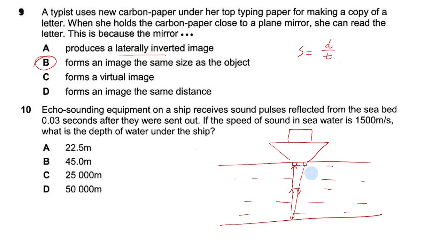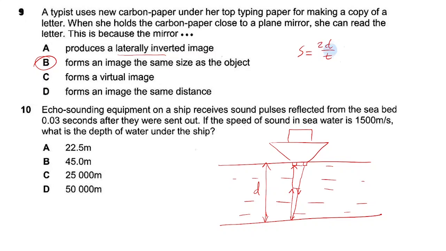Now you find that in the same time the sound goes down and comes back up, the distance that it travels, if this has been given as the distance, now that distance should be twice. Okay, the distance should be twice. So distance will be 2 like that.